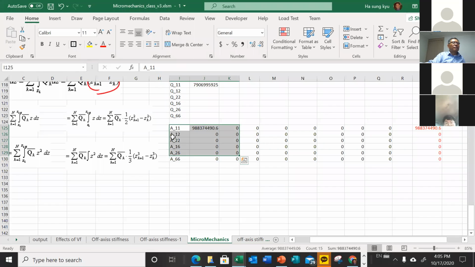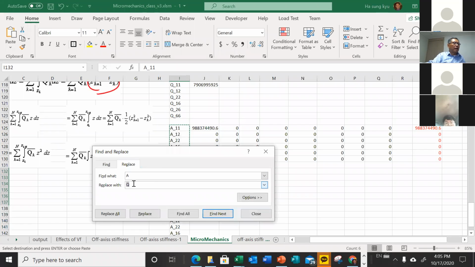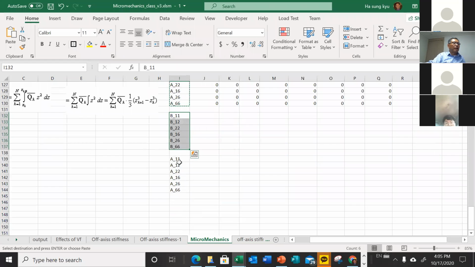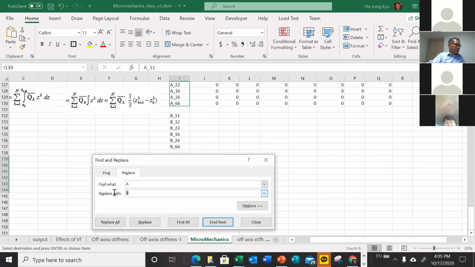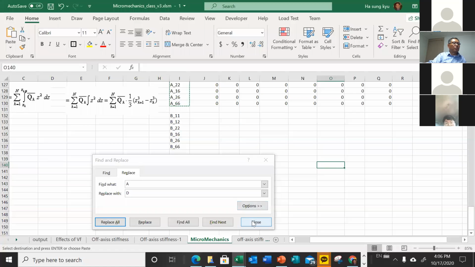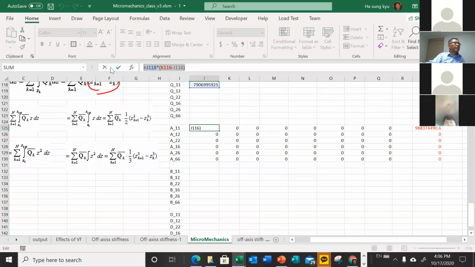Same for the B matrix and D matrix. And you can say this is the B, and this can be a D matrix. So you do very similar patterns like this.